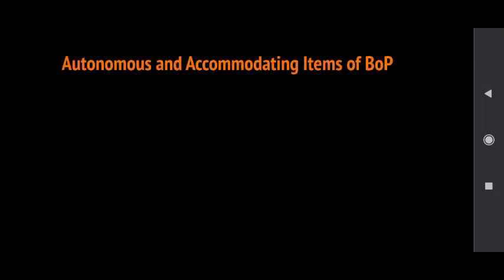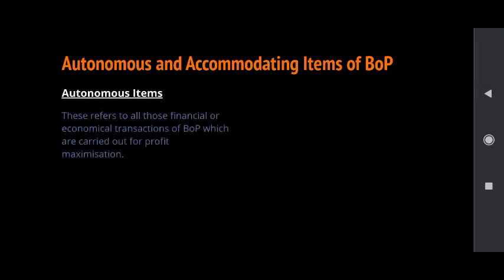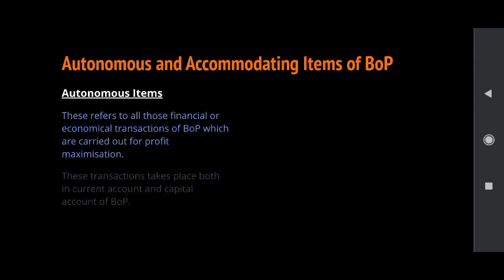Now let's talk about the autonomous and accommodating items of BOP. The autonomous items are actually the financial or economic transactions under balance of payment which result in profit maximization or profit earning. So any transaction which is actually done to earn profit is known as autonomous items.